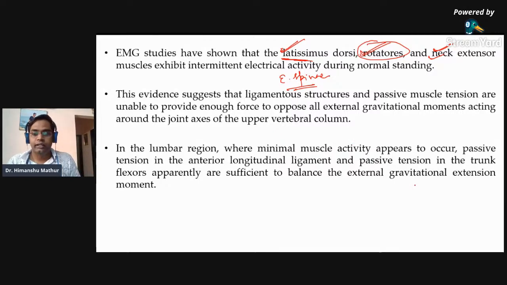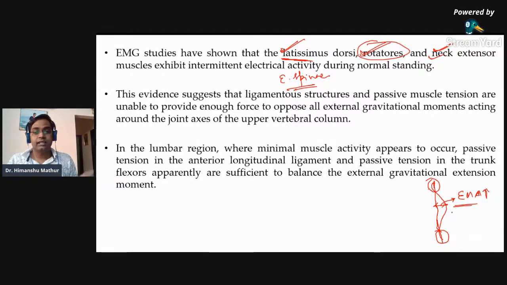If you can see here, this is the cervical spine, this is the thoracic spine, and this is lumbar, right? The line of gravity passes posterior to the cervical spine, anterior to the thoracic spine, and again posterior to the lumbar spine. So you have very little external moment for the lumbar spine and for the cervical spine. But here you have a very great external moment available for the thoracic spine.